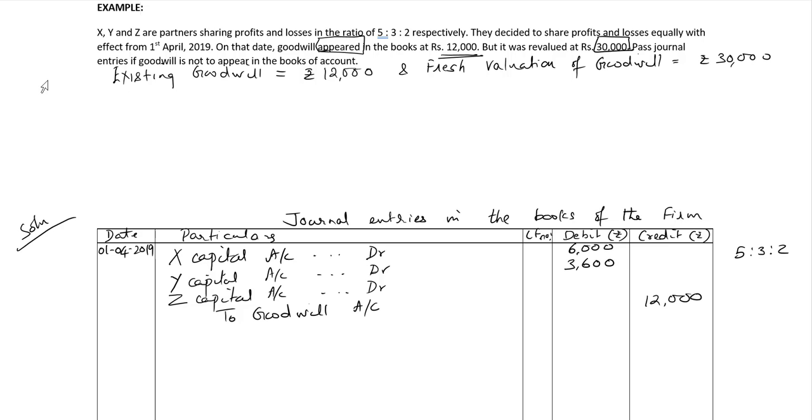And for Z, it's 12,000 into 2/10, which is 2,400. So being existing goodwill written off.